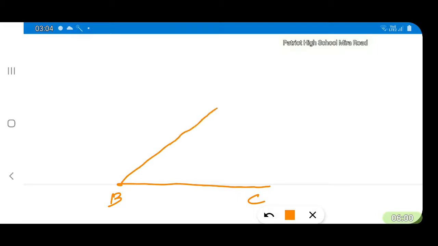Now in order to draw an angle bisector, with B as a center and with some arc of a circle, slightly less than half AB, the midpoint of AB will be somewhere here, you draw an arc cutting AB in point D and BC in point E. So you get your points D and E.